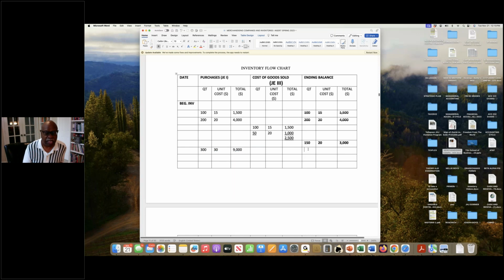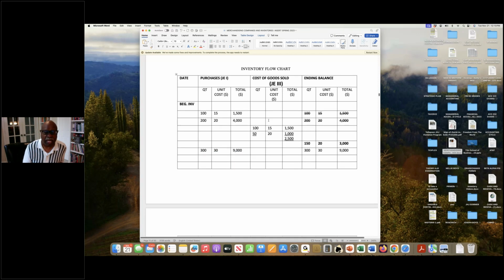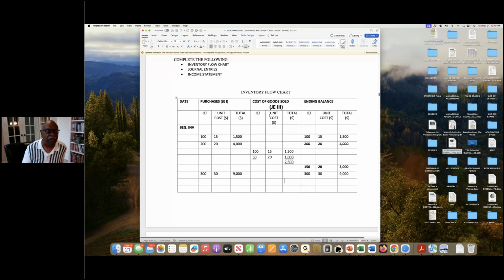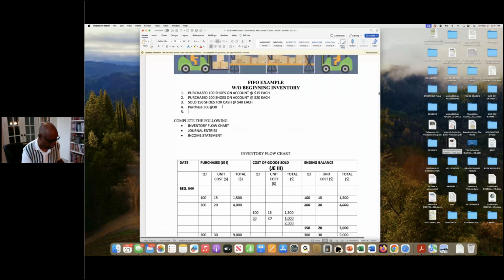Now we need a sale, and let's assume that we sell this next transaction. We sell 200 pairs of shoes, 200 at 40.